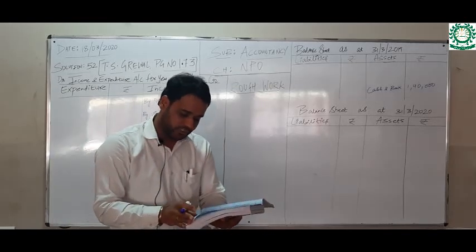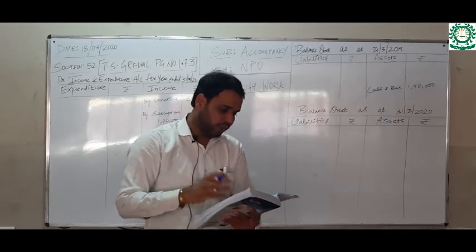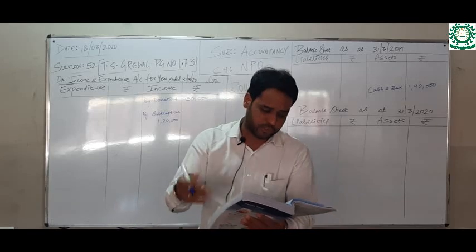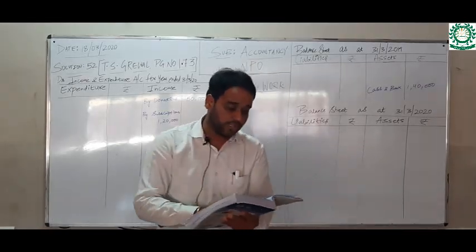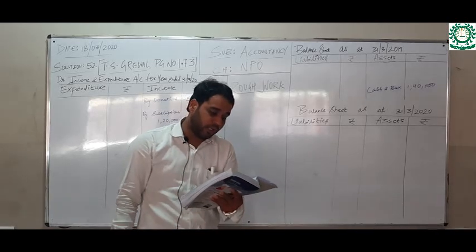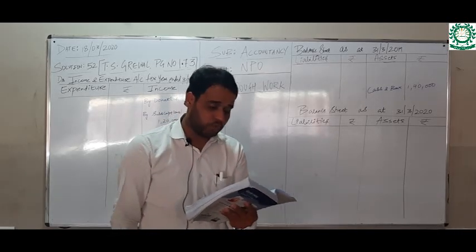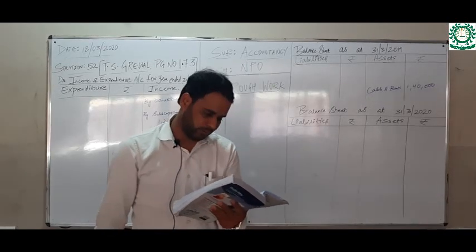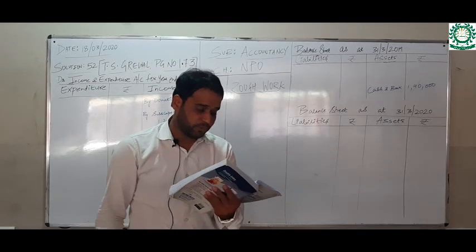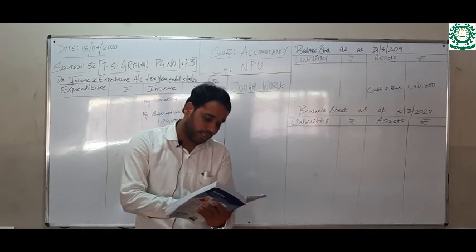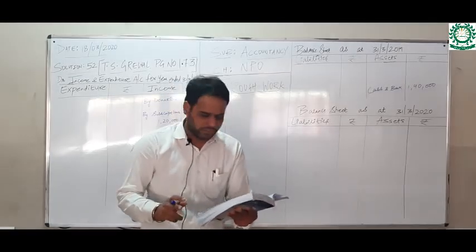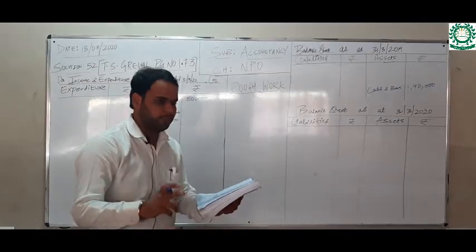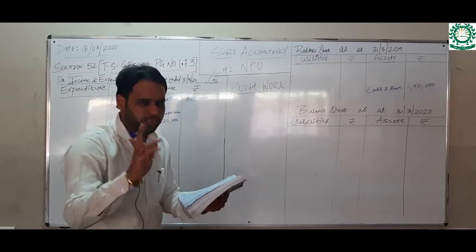Let us see what is the adjustment for the subscription. Yes, on page number 174, the first adjustment, that is additional information provided. Subscription in arrear for the year ended 31st March 2020, 9,000, and subscription in advance for the year ended 31st March 2021, 3,500. So adjustment says that we do have subscription outstanding for the current year.